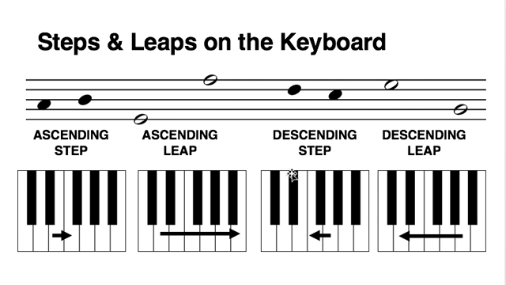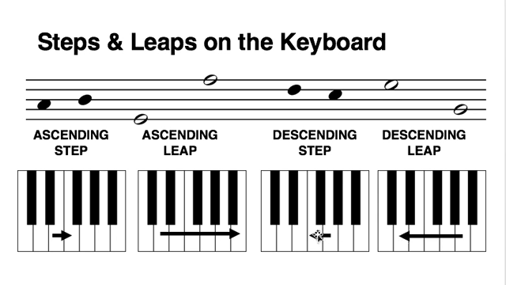Same thing. Here, descending steps and descending leaps like that. So you can see that adjacent white keys produce steps and non-adjacent white keys make leaps. Ascending motions on the keyboard go right and descending motions go left.